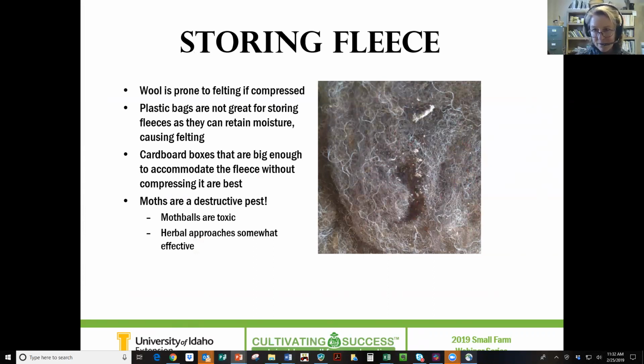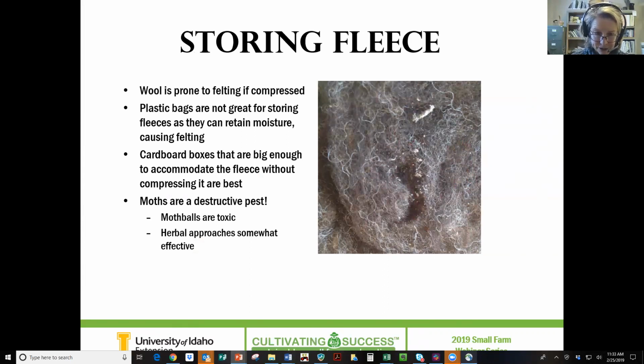Plastic bags are really handy, but they're not that great for storing fleeces as they can retain moisture and cause felting. What I really like to do is to buy a whole bunch of boxes from Uline that were big enough for compressing it. And then I would put it in, label it, and stack them way up high in my hay barn.